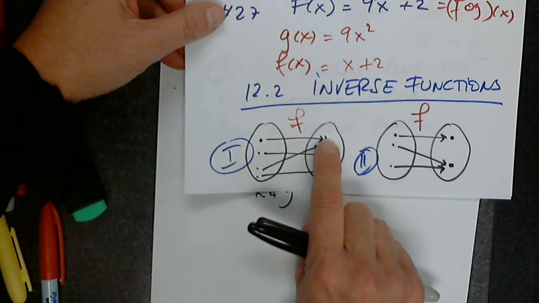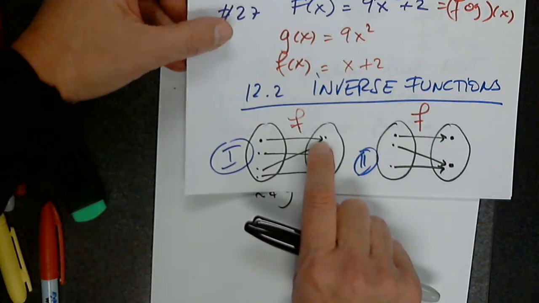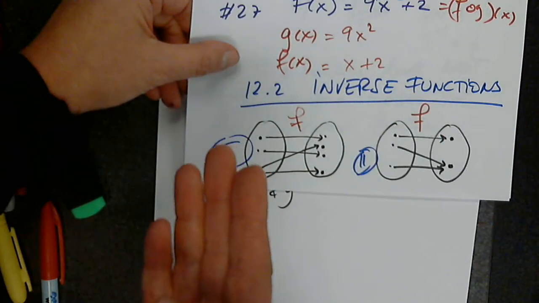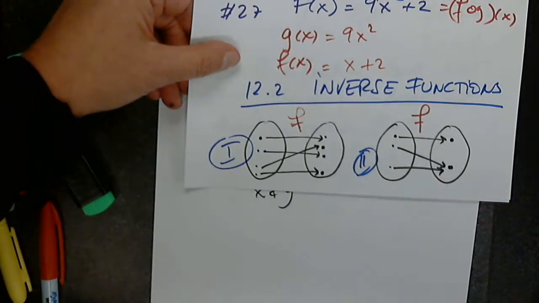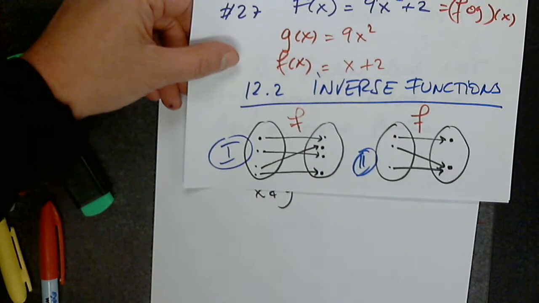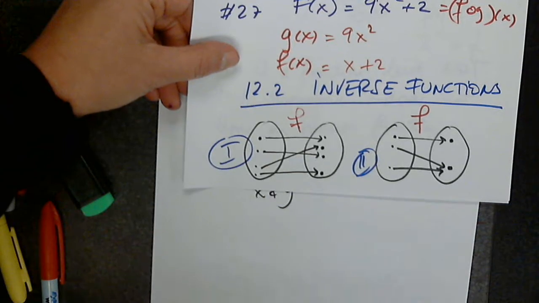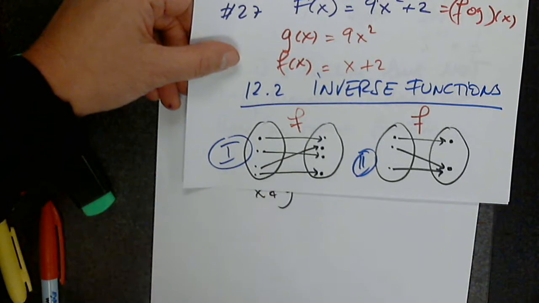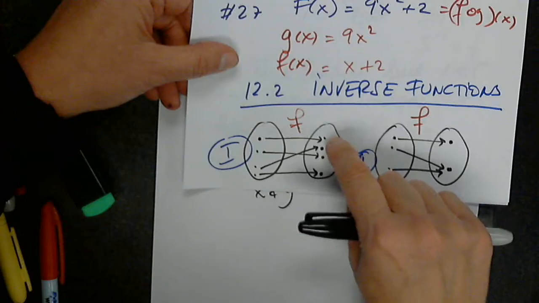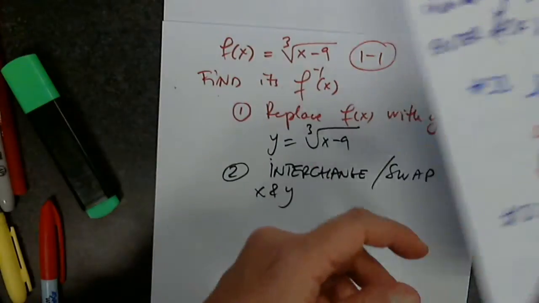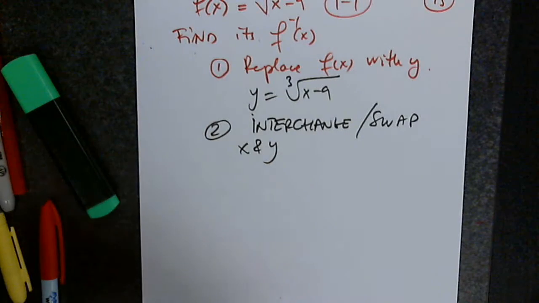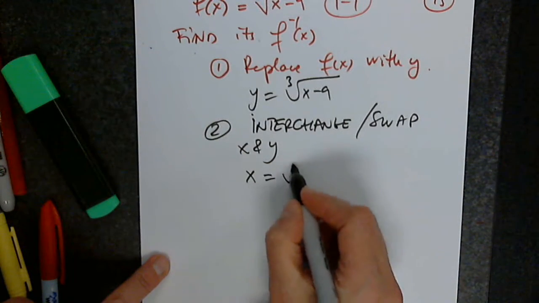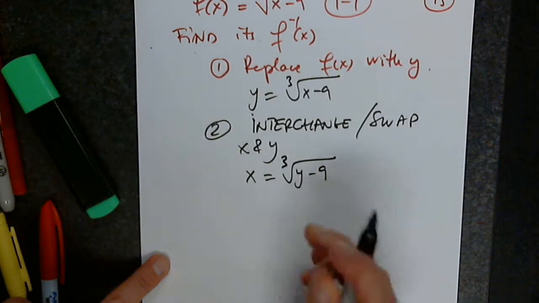This value is y for f. But I want to go backwards. What will these previous y values become for the function I'm looking for? They will become x. That's the reason why I'm allowed to change the y into x. Okay, perfect. So when I interchange x with y, I'm going to write x equals the cube root of y minus 9.